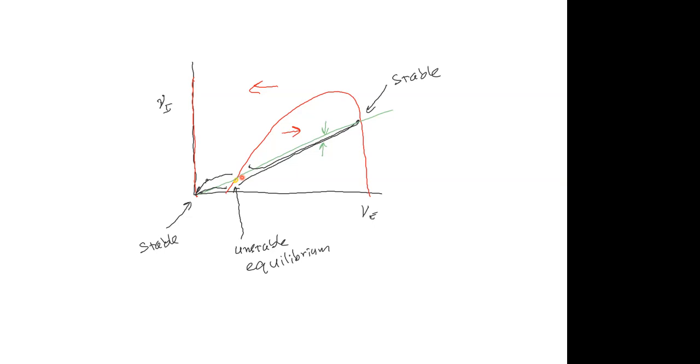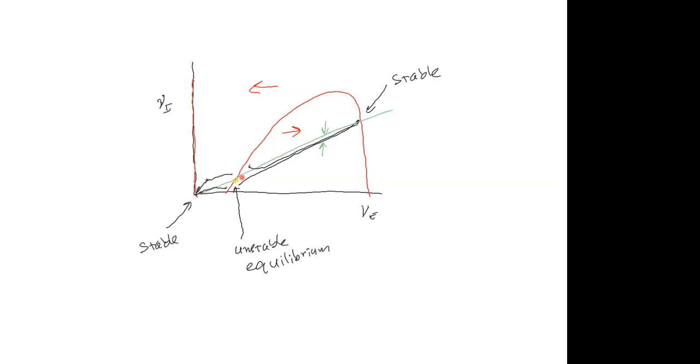I want to recap because this is kind of profound. Let me draw one more picture. So remember, our goal was to get a low firing rate. Given these nullclines, how can we do it?